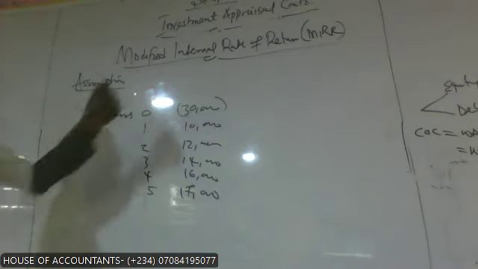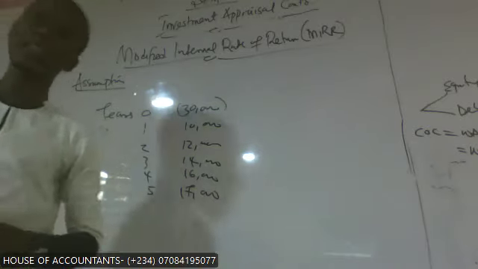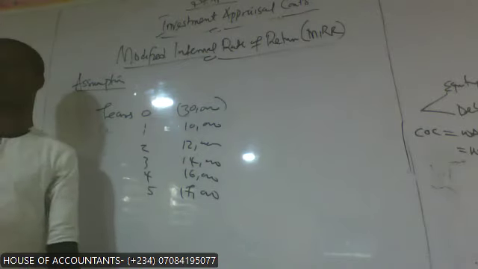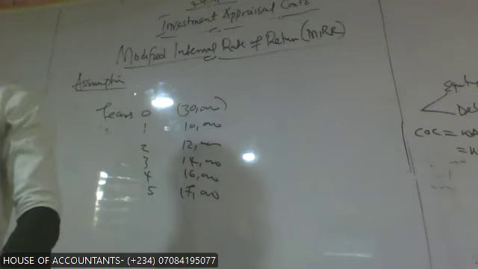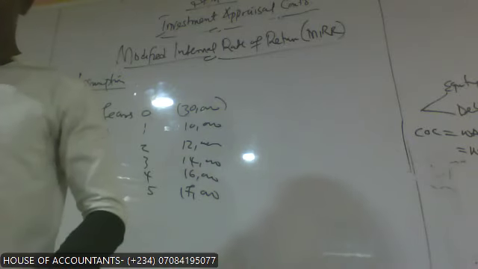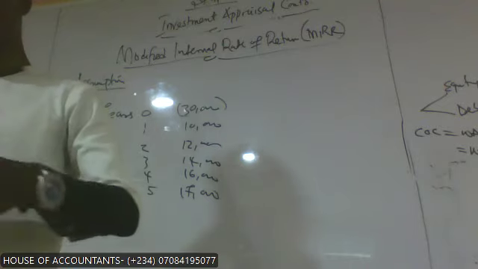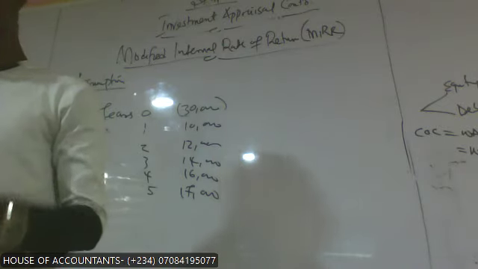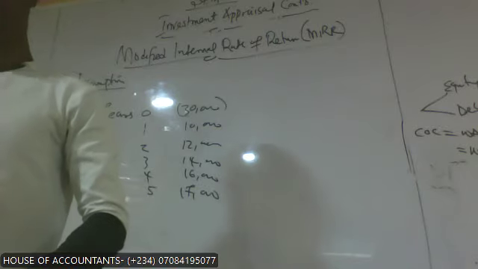It is reinvested at the cost of capital. So that is the assumption that modified internal rate of return tries to correct. Any project that NPV suggests, modified internal rate of return also suggests the same thing.